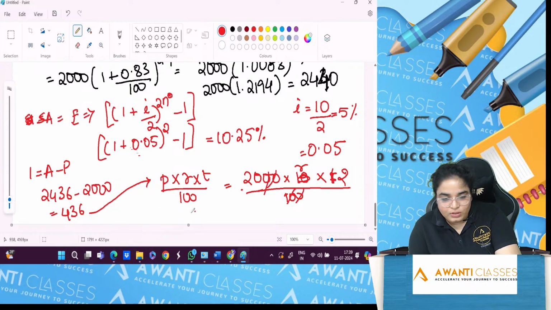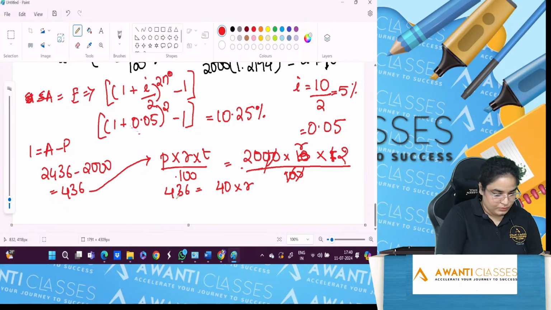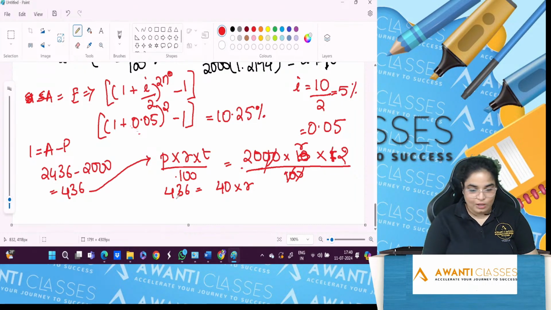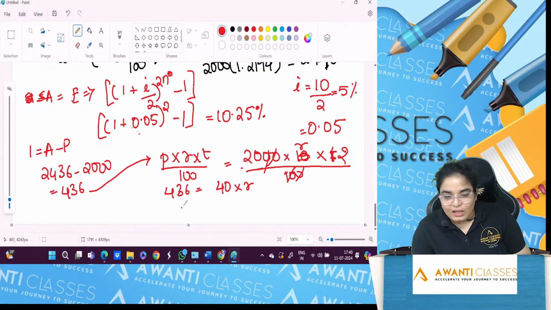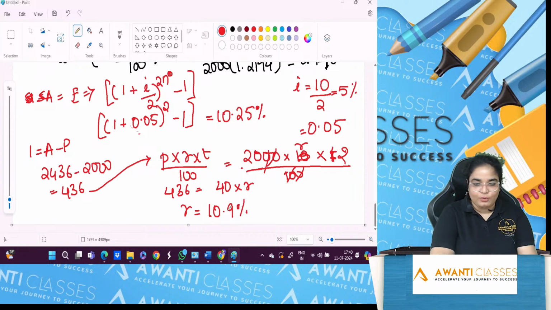So 436 is equal to 40 into rate. Correct? Now, do that. 436 divided by 40. How much are we getting? R is equal to 10.9%. Yes. Okay, great. Should we do monthly quickly or shall we move on?